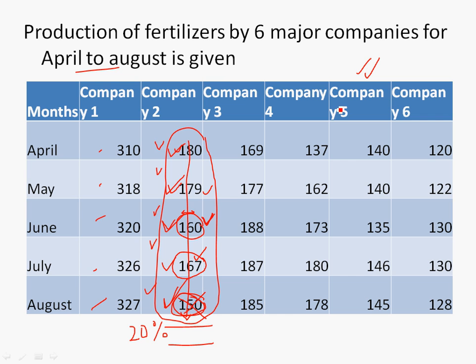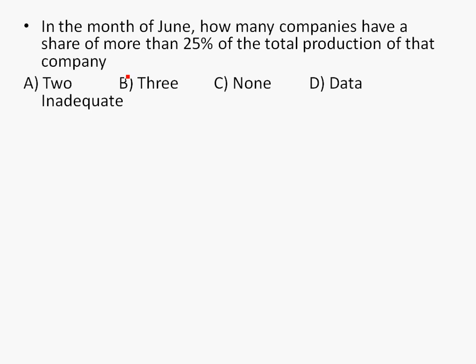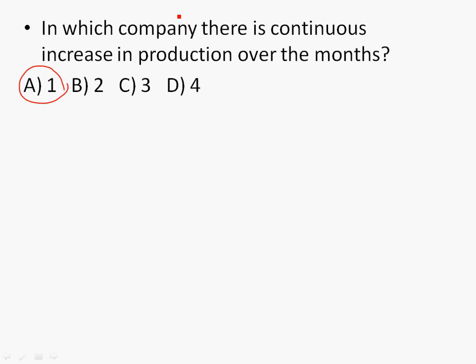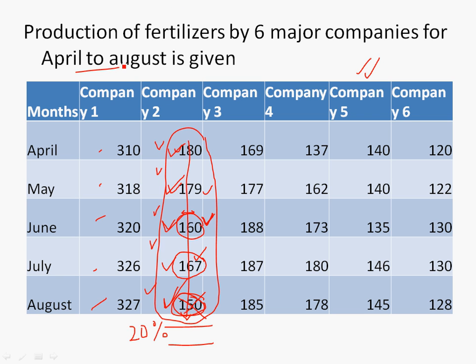You have to just check which company in the month of June has a share of more than 25% in the production of the company. So just calculate the total and 20% or 25% of that. You have to check for each of the companies because we have to find the number of companies. So there is no other way out but to calculate.